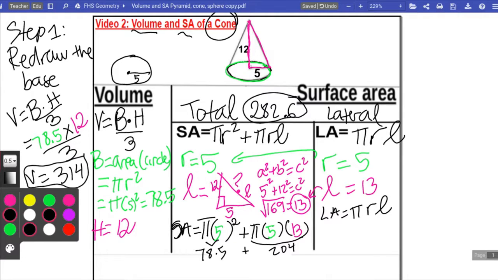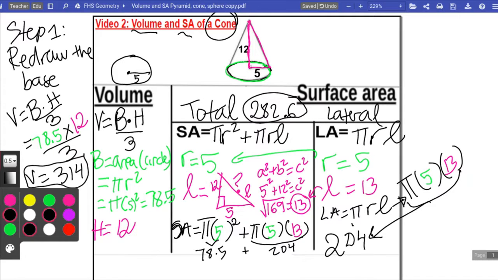Now let's plug in the numbers. It's pi times radius 5 times slanted height 13. That's it. When you plug this whole thing in your calculator, the answer comes out to be, what's the answer? 204. That's it.